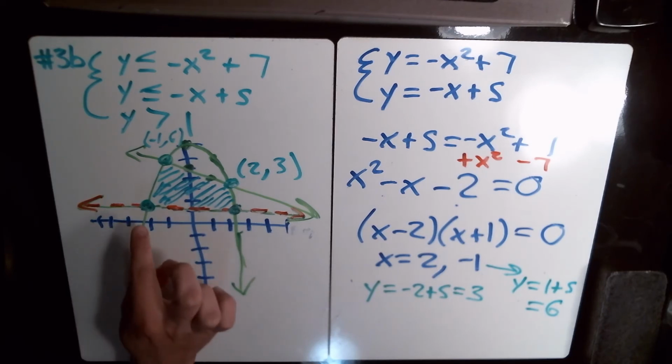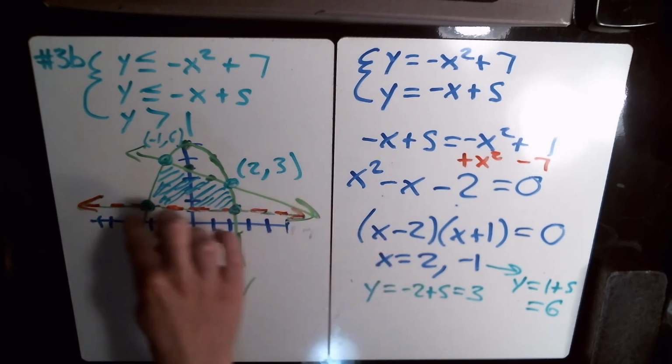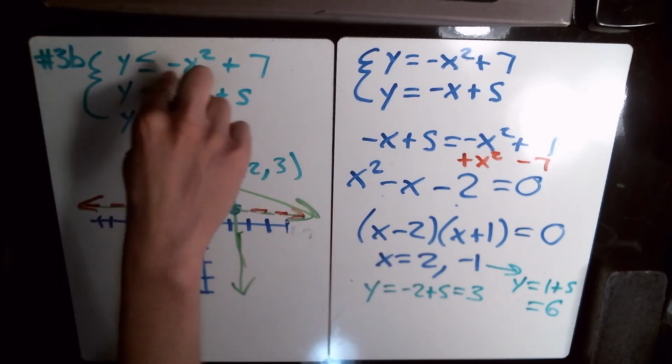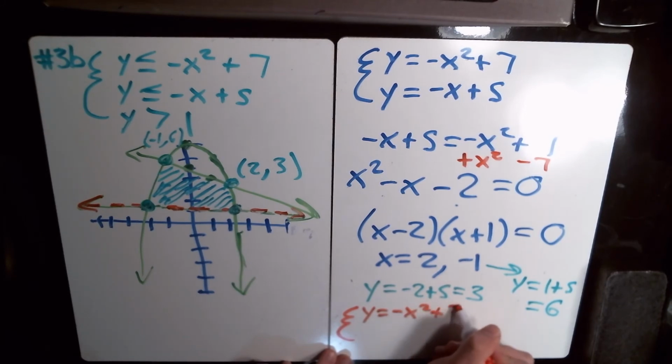Now we just need to find these two. Okay? And those were from the y equals 1 line and the negative x squared plus 7 parabola. So we're going to set up a new system of equations. y is equal to negative x squared plus 7, and y is equal to 1.